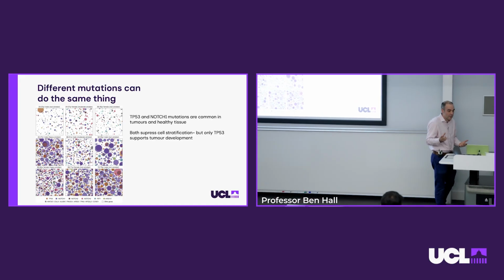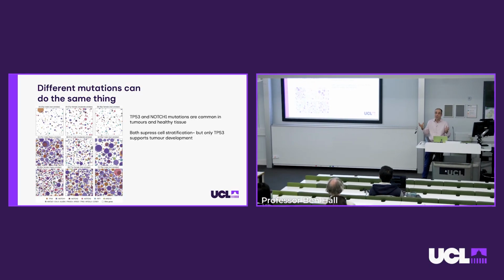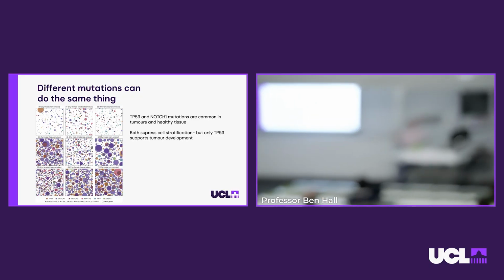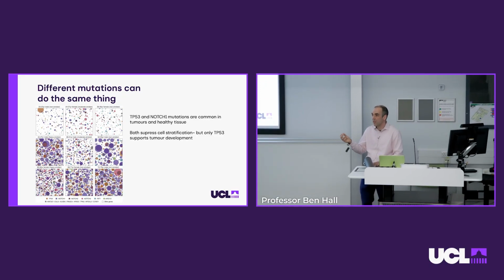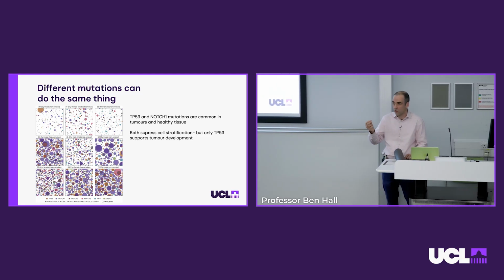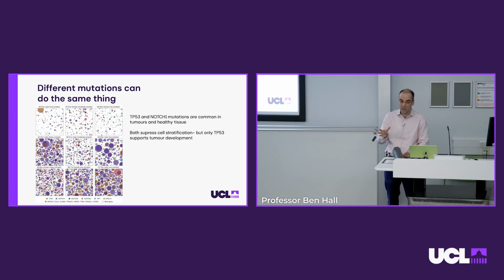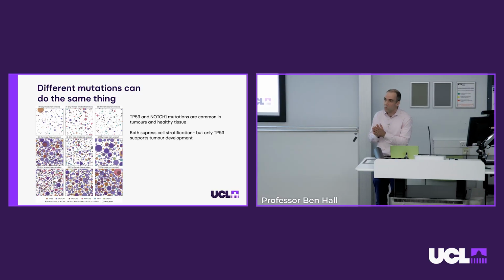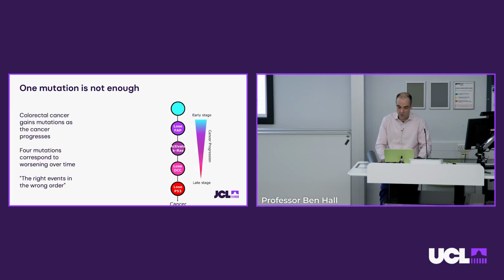But crucially, despite the fact that they're common and they both repress stratification, only P53 appears to promote cancer development, whereas Notch1, and I'll talk about this a little later, seems to act as a block to cancer development. So different mutations can work the same way, but they can have distinct functions which may promote or demote cancer.